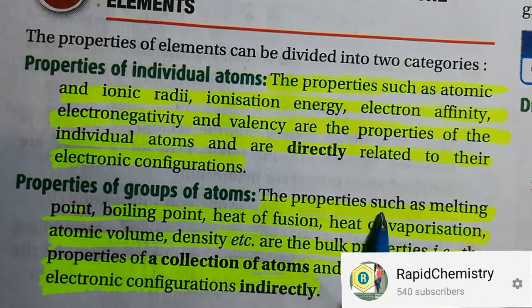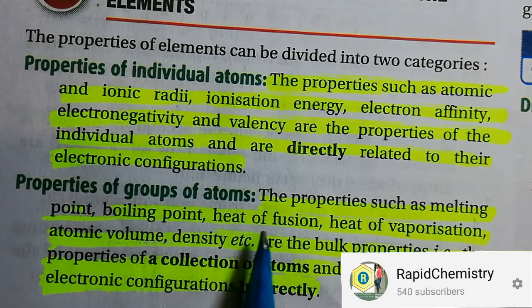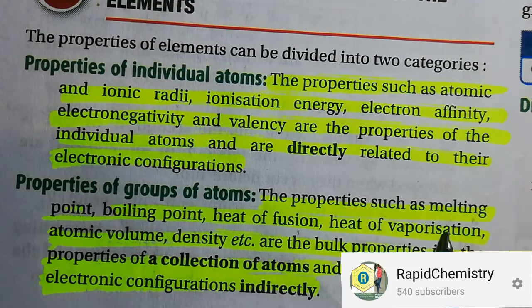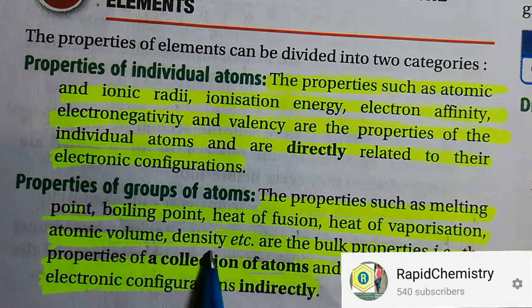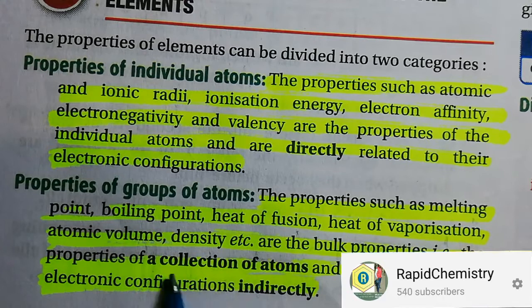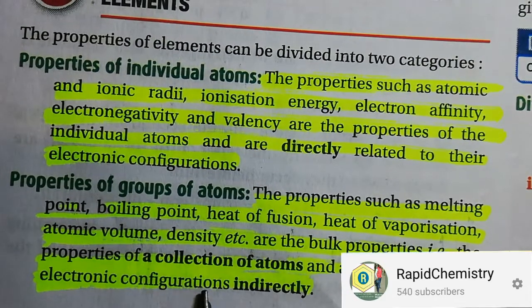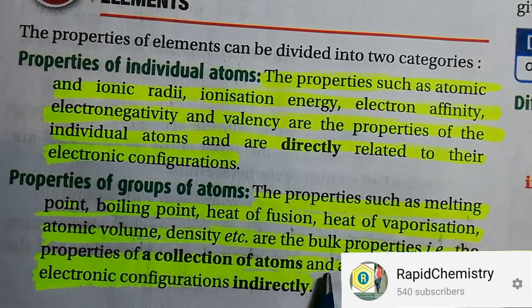The properties such as melting point, boiling point, heat of fusion, heat of vaporization, atomic volume, density, etc. are the bulk properties. That is, the properties of a collection of atoms and are related to their electronic configuration indirectly.